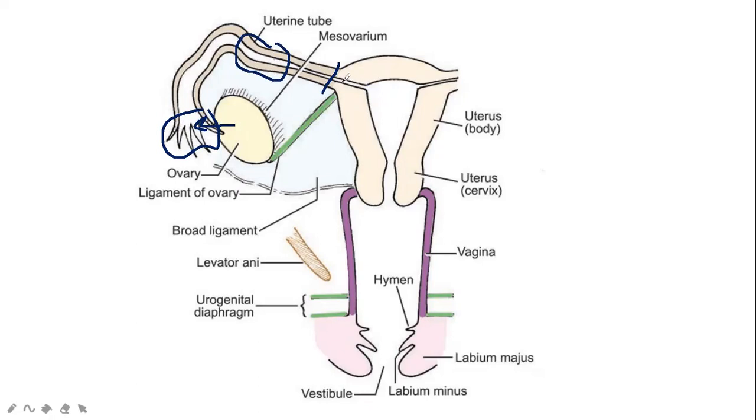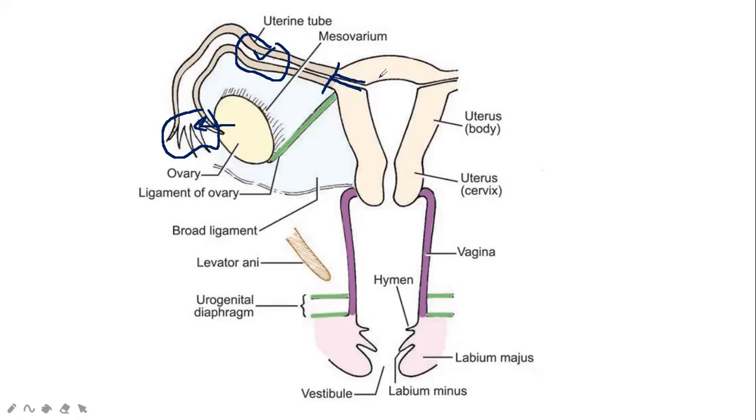The intramural part is that part that we find at the opening into the uterus. That is the isthmus over there, and that's the infundibulum with the fimbriae. Most fertilization occurs in the ampulla.